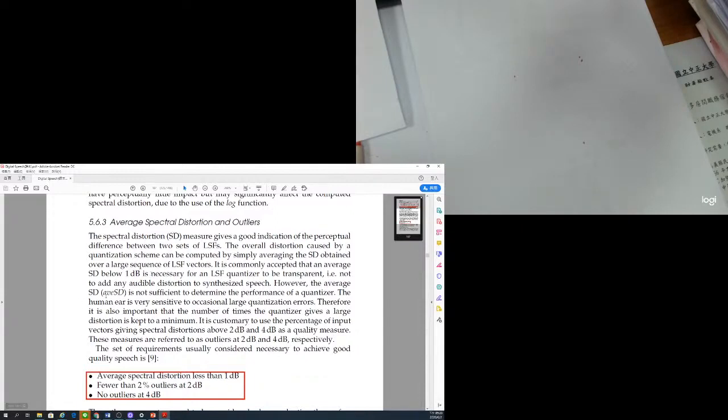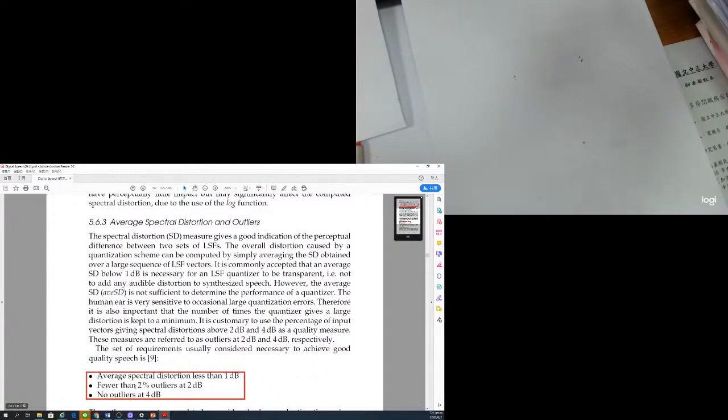We hope the average spectrum distortion is small. We have many speech frames, and for each speech frame we find the best matching codevector and its corresponding spectrum. That kind of distortion should be less than 1 dB.